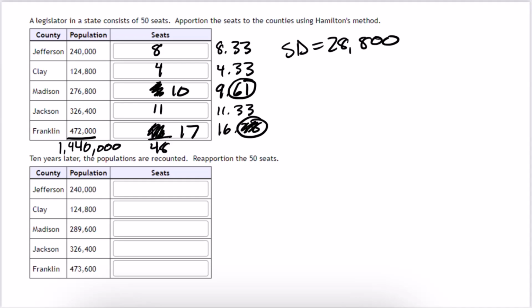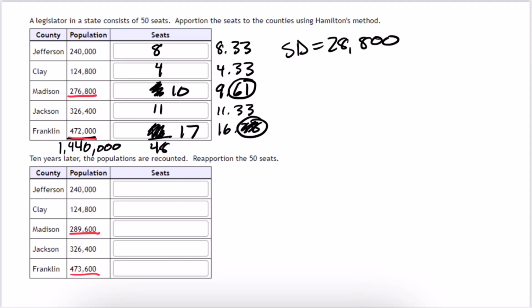Now, let's say 10 years later, the populations are recounted and some of the populations changed. So this population grew by maybe about 13,000-ish. And this population also grew, but not as much. It only grew by about 1,000.